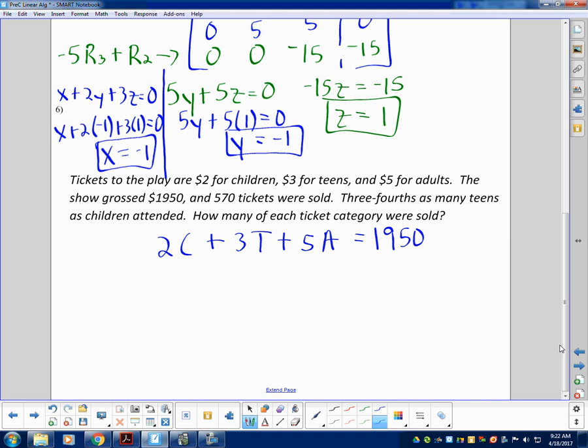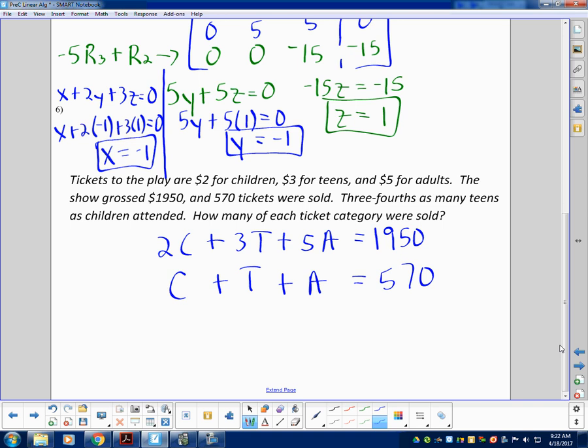My total amount equation would be the following. I know that child tickets plus teen tickets plus adult tickets has to equal 570, right? That's just my total equation. And if I have 3 letters, I need 3 equations to solve this using matrix algebra.